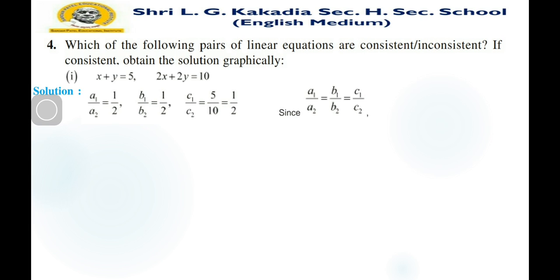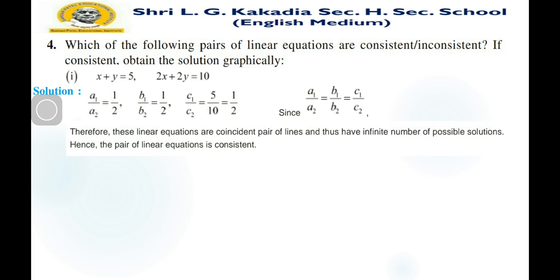So it has a solution, and we know that if the lines coincide, then the equations have infinite solutions. Therefore these linear equations are a coincident pair of lines and thus have an infinite number of possible solutions. Hence the pair of linear equations is consistent, means it has a solution.